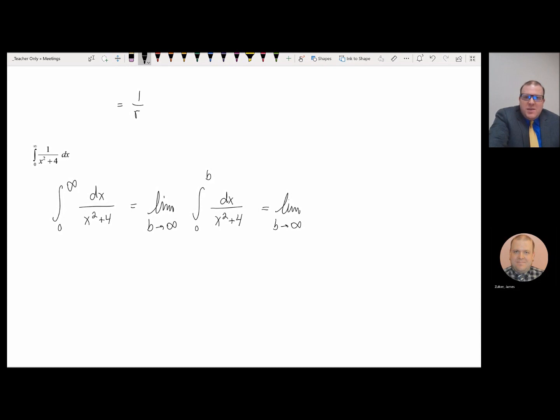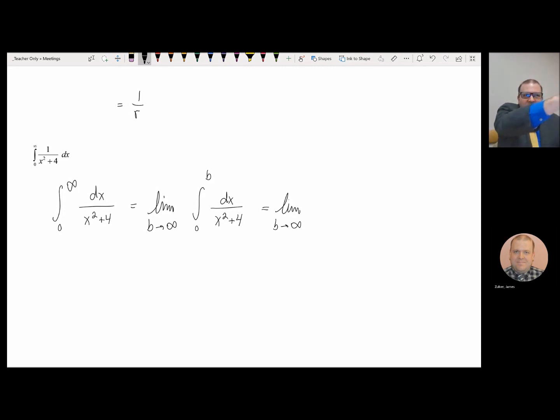If you do u-substitution, what's your u going to be? Probably some inverse. I don't see an x plus 4. Then what's du? 2x, which there is no 2x.